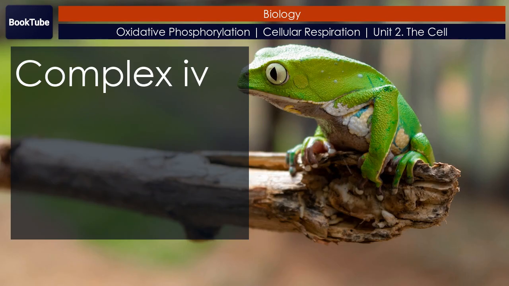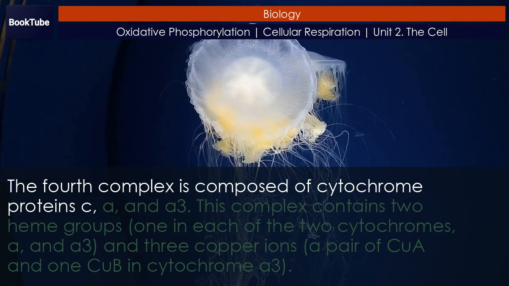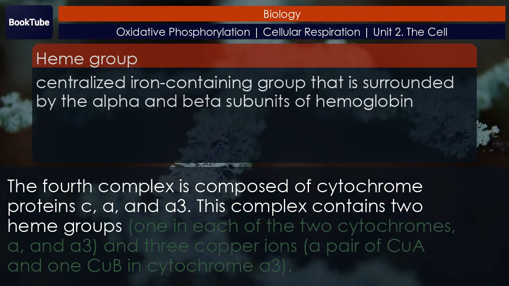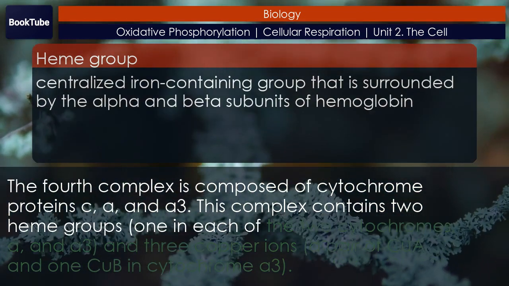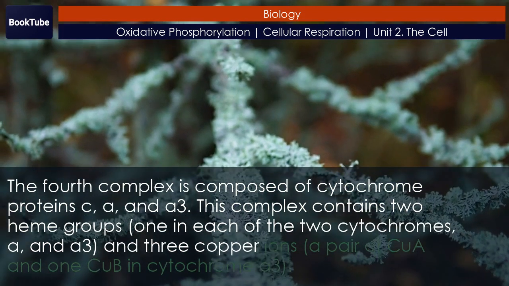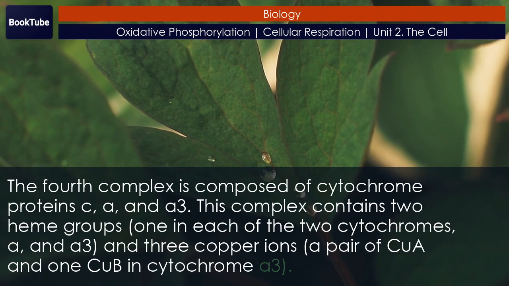Complex IV. The fourth complex is composed of cytochrome proteins c, a, and a3. This complex contains 2 heme groups, one in each of the 2 cytochromes, a and a3, and 3 copper ions, a pair of CuA and 1 CuB in cytochrome a3.